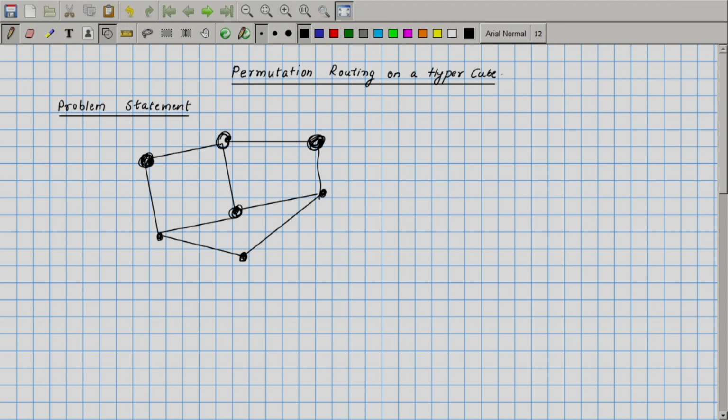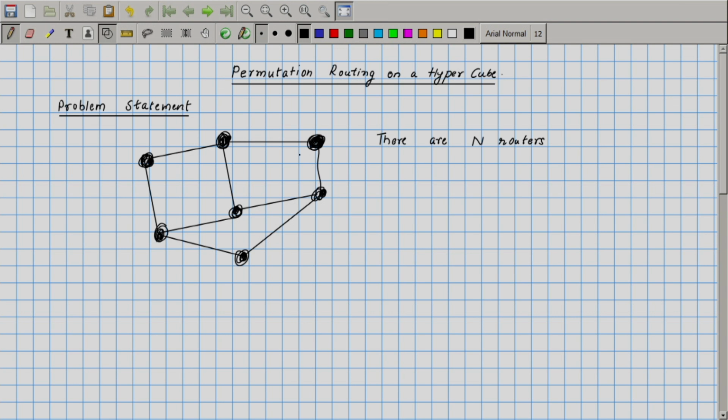As an abstraction of these kinds of problems, what we will do is the following. We will assume that there are, let us say, capital N routers. We will view each of these processing units as a router.